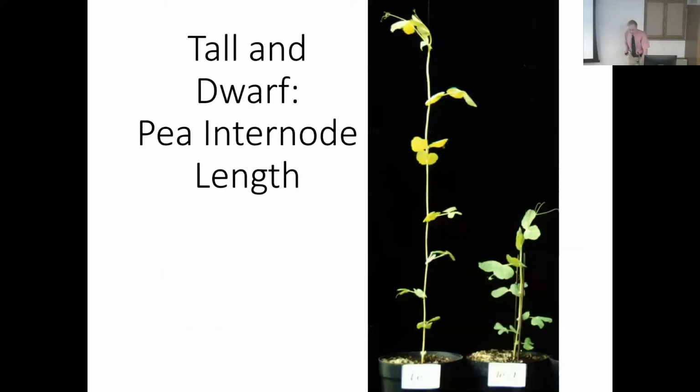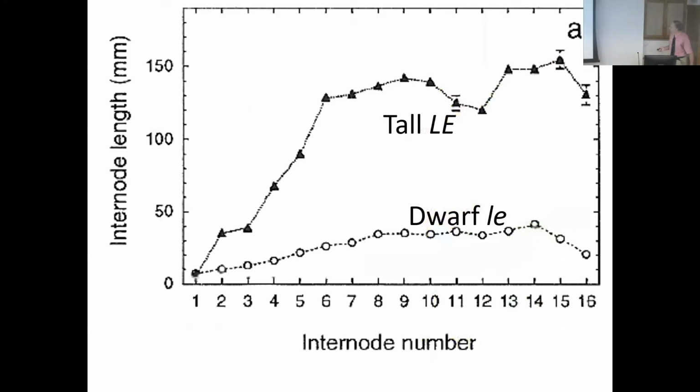Now, I spent quite a bit of time in my career looking at pea internode length. And here we have again Mendel's peas, the tall pea versus the dwarf pea.